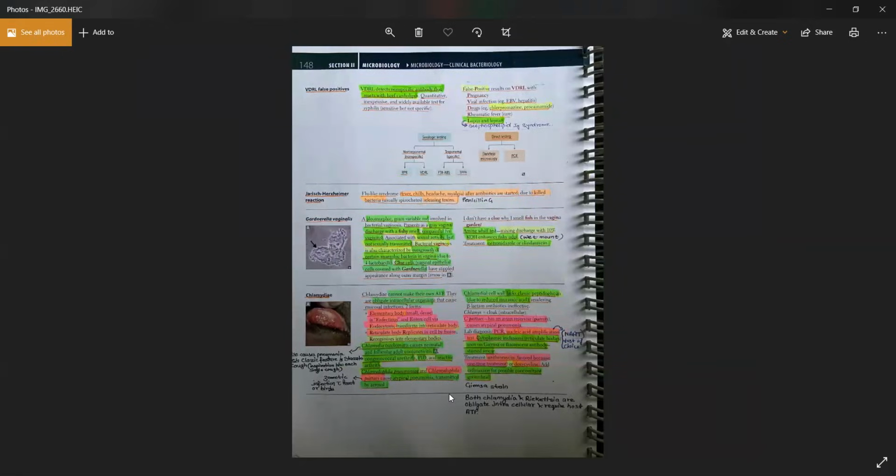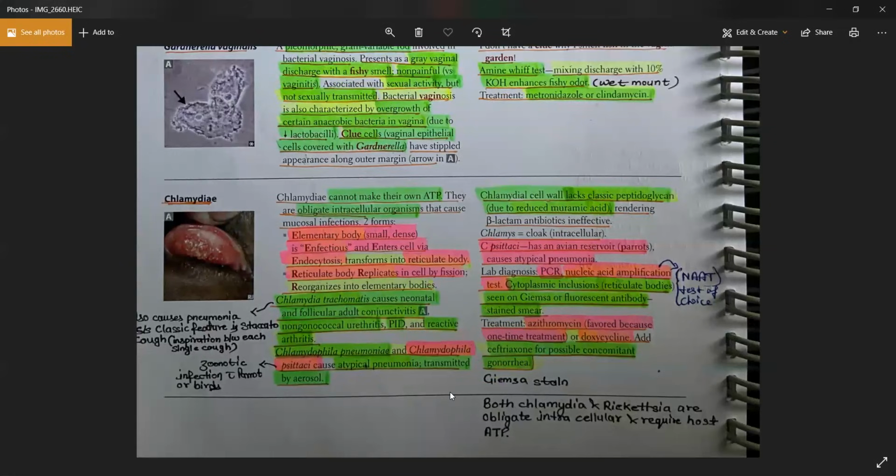Any doubt? What is atypical pneumonia? In normal pneumonia, what you will get is a productive cough, with lots and lots of sputum, the rusty sputum. Remember, and you will get unilateral lung involvement, the consolidation.